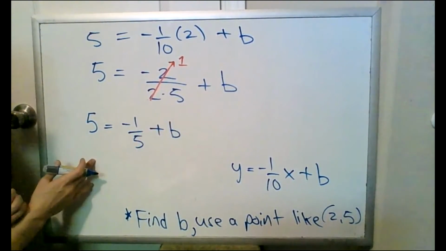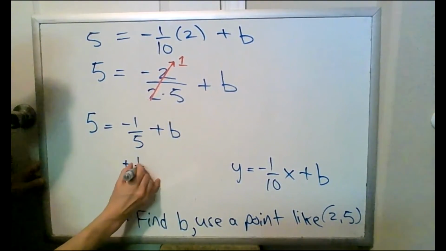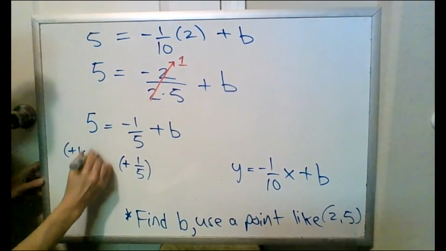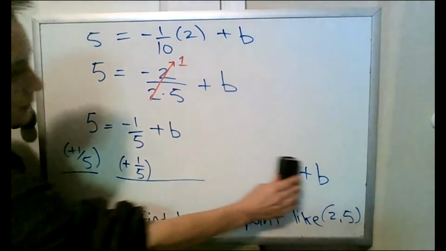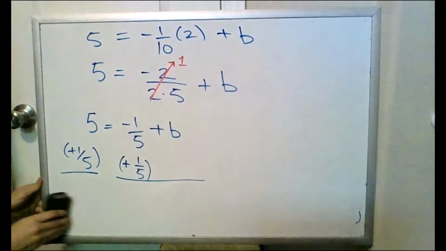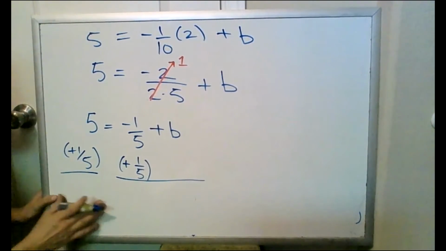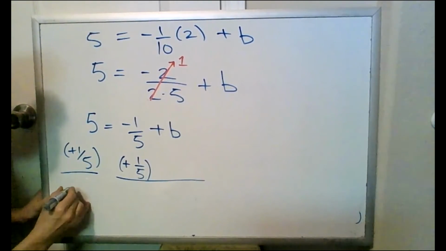I'm going to add 1/5 to each side. 5 plus 1/5 equals b. I just want to put those numbers together and then I'll have my value for b.